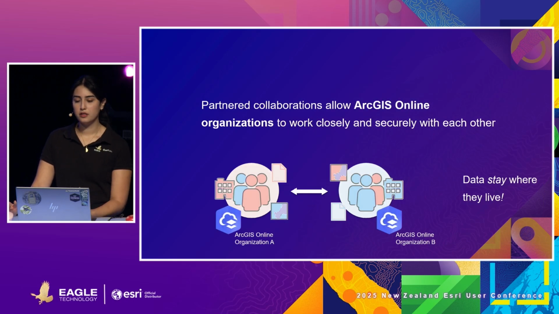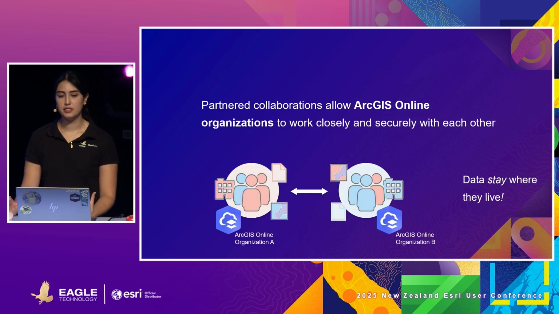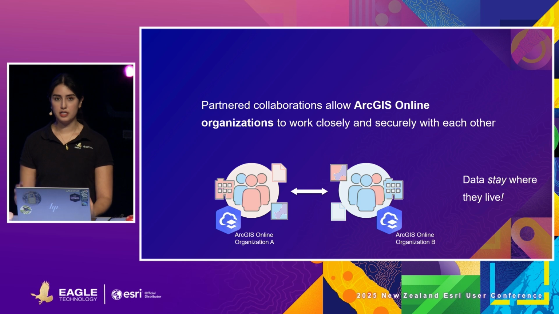So then partner collaboration. This lets two ArcGIS Online organizations work together while keeping their data separate. So data doesn't move, it stays where it lives. And this is helpful, for example, if there are two councils that are working closely, they can share and edit maps without copying the data.